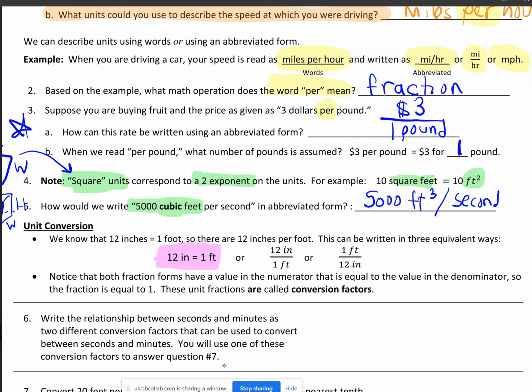If I give you a foot, you give me 12 inches. If they cash in, you can write 2 different fractions. You can put the 12 inches on the top and the 1 foot on the bottom, or you can put the 1 foot on the top and the 12 inches on the bottom. You won't know which one you need until you look at your starting amount so you can see units cancel out, okay?